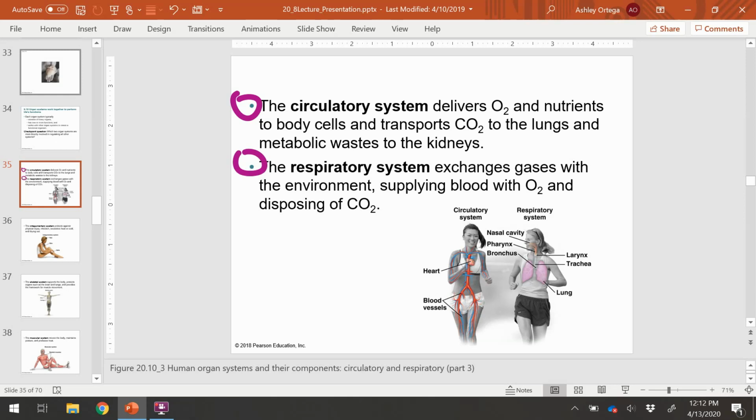But it also generates metabolic waste that goes to the kidneys where they produce urine. The circulatory system is closely tied to the respiratory system, which is responsible for exchanging those gases with the environment, moving in oxygen and expelling carbon dioxide.